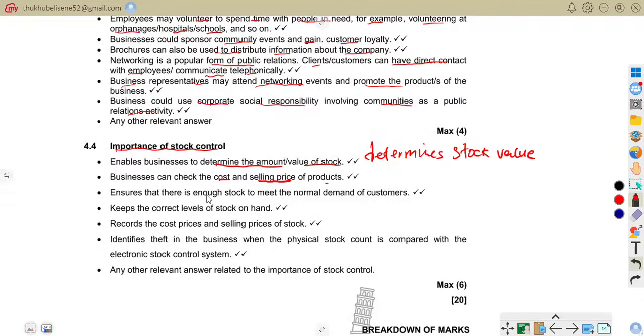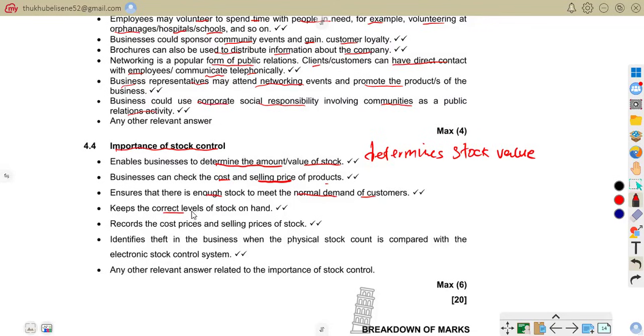It also ensures that there is enough stock to meet the normal demand of consumers. That is the importance of stock control, so that customers are not going to find the business without stock, because they will switch to the rivals. The importance of stock control is to make sure that the stock is enough. There's no shortage of stock.